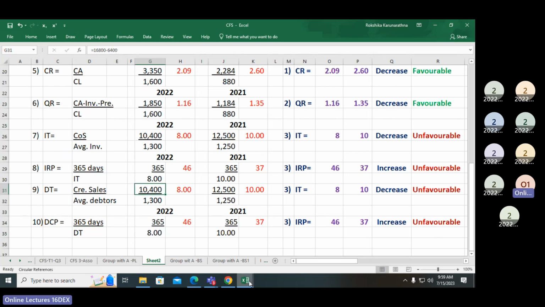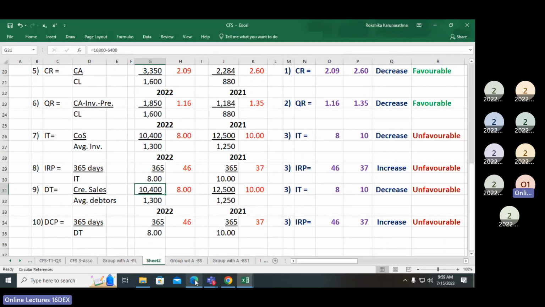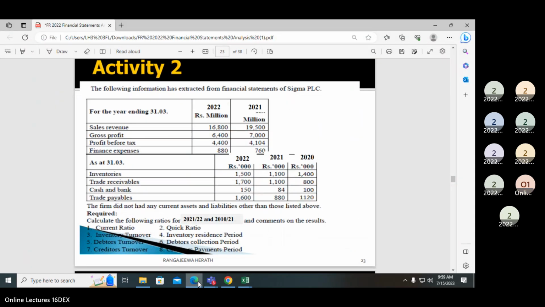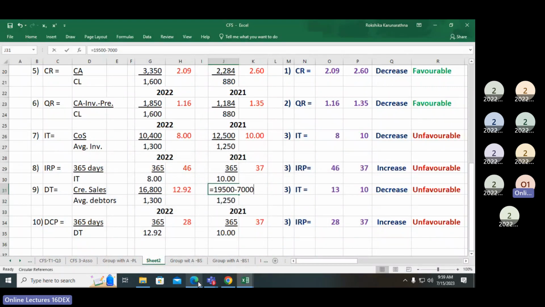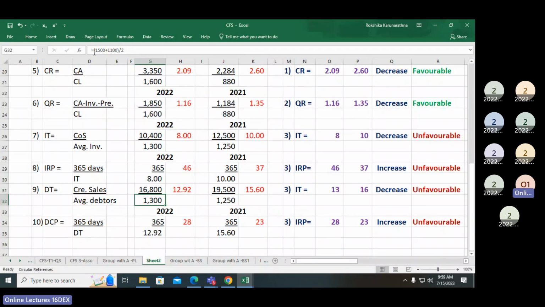Now we don't have credit sales, but we have sales. We assume all sales made on credit, 16,800. Last year 19,500. Divide by average debtors. Average debtors we have 1,700 and 1,100.